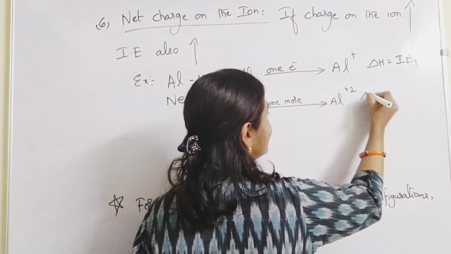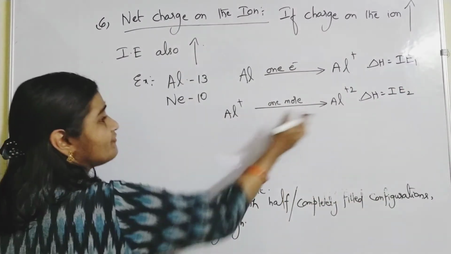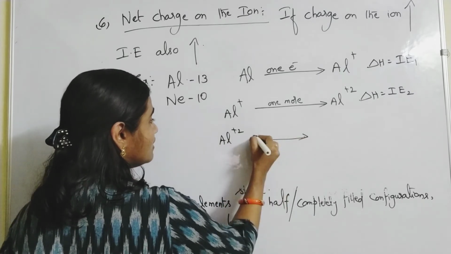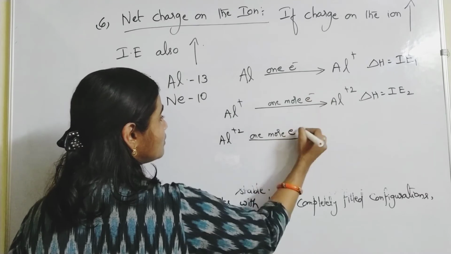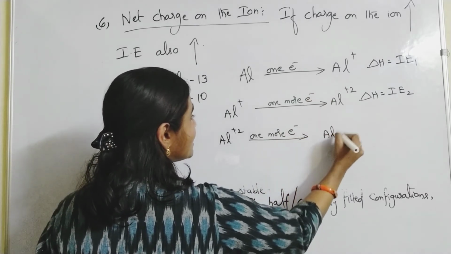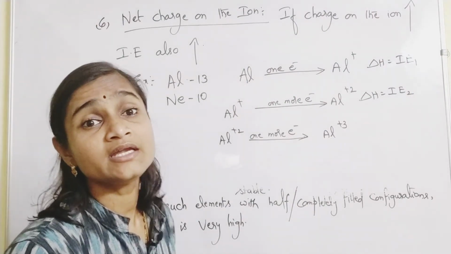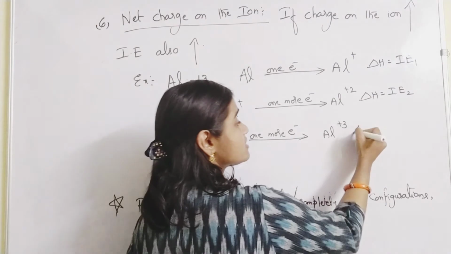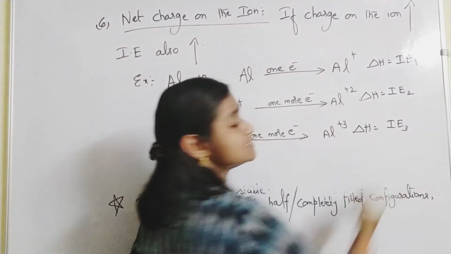Here the delta H required is called IE2. From the dipositive ion, 1 more electron is removed, and it transforms to Al3+. That energy is called IE3, the third ionization energy.